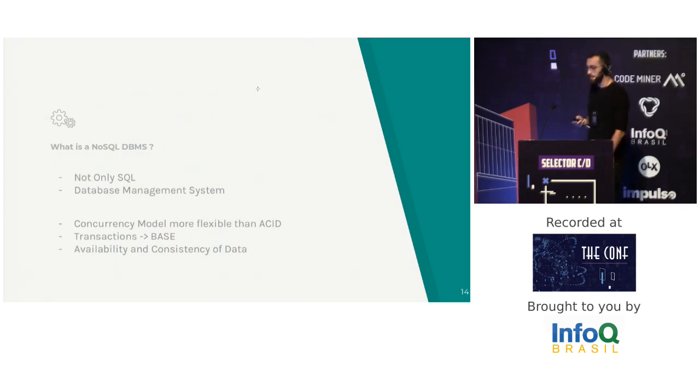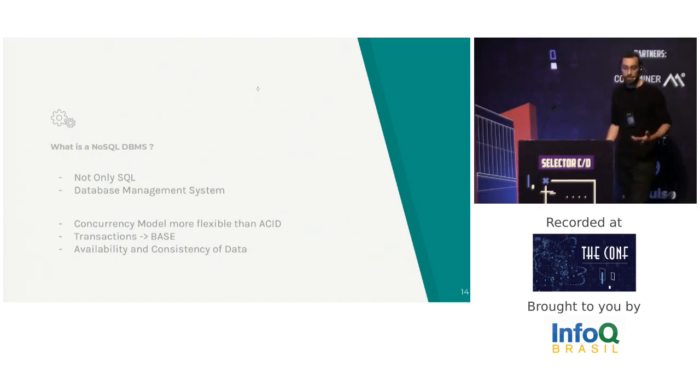Relational databases such as PostgreSQL and MySQL work with the ACID concurrency model, and usually NoSQL DBMSs work with some other concurrency model, for example, BASE. But this is not a rule. You don't have to say, okay, I'm a NoSQL database, so I have to use BASE for my concurrency model. This is not true. For example, OrientDB is a NoSQL DBMS, and it works with the ACID concurrency model. So it's just a set of characteristics that they have, but it's not a rule.